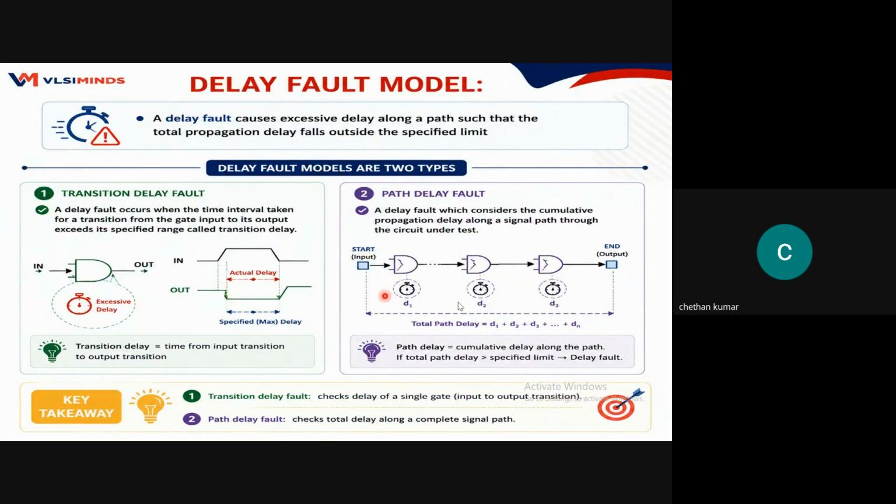Based on that, we can choose whichever path has less delay to be set for propagation, sending across. If not, we make it a false path. So these two fault models are what we mainly target. Other models like IDDQ and bridging faults we will not concentrate on much, but those are also required.